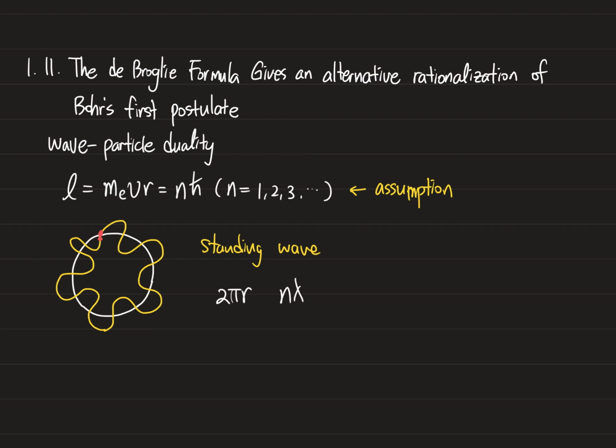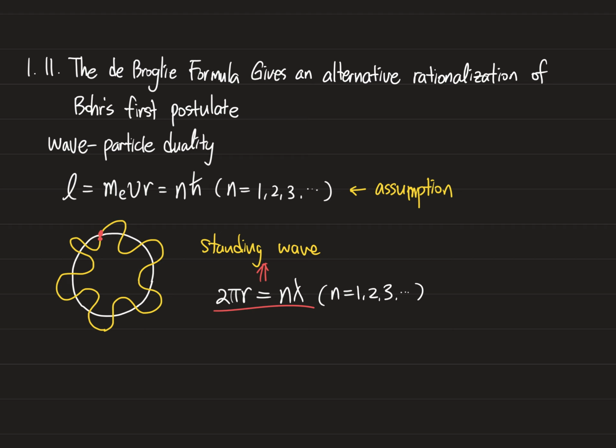This is a necessary condition for the formation of a standing wave. This should be equal to n lambda, and n should be a positive integer. If the circumference is not an integer multiple, the wave will be out of phase, leading to destructive interference that could cause the wave and the electron's orbit to vanish. So this is the quantum condition for a stable orbit.